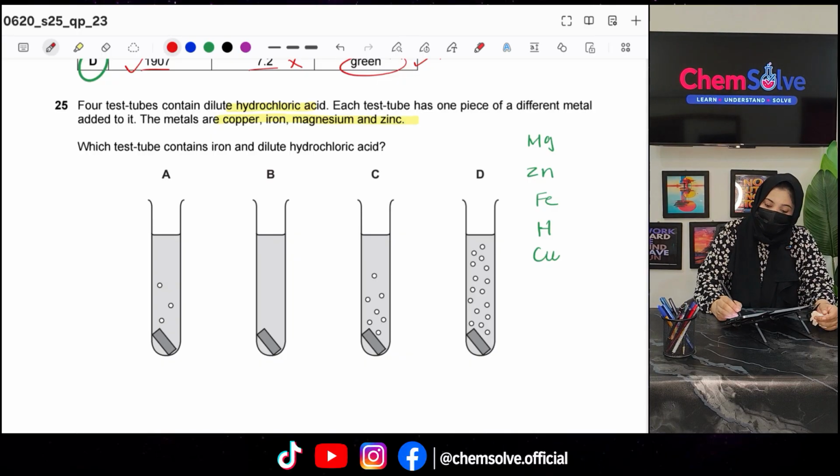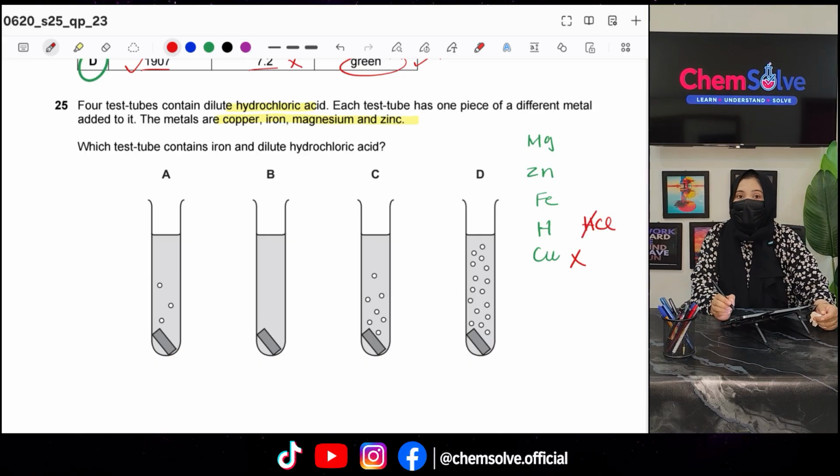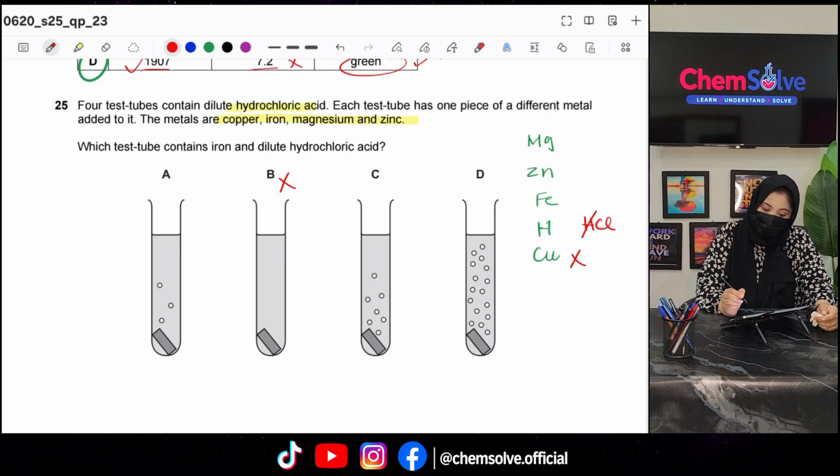So of course, copper will not react because it cannot replace the H of the hydrochloric acid. So copper would be B, where there are no bubbles of gas because copper didn't react with the hydrochloric acid.